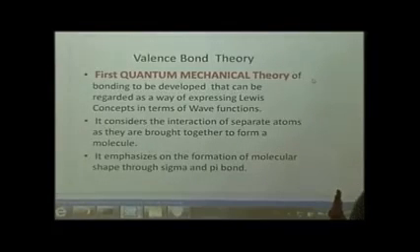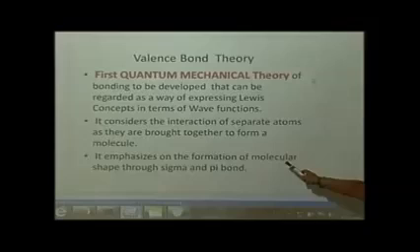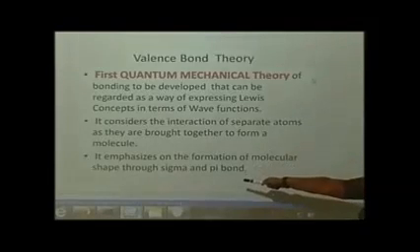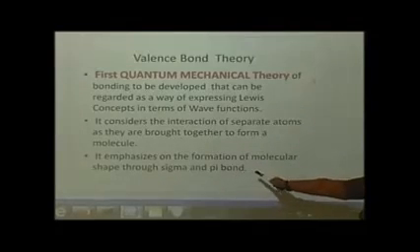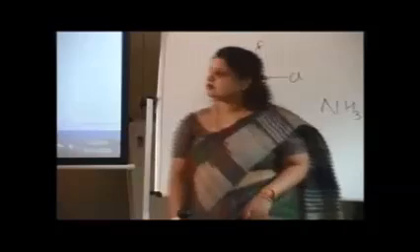That means the Lewis structures were expressed in terms of wave functions. That is the role of quantum mechanics, that each electron is expressed as a wave function. So, this is what we are doing here also. And the basis of this is that we talk about molecular shapes with the help of sigma and pi bonds. Next.